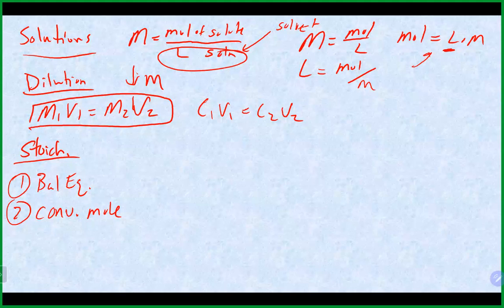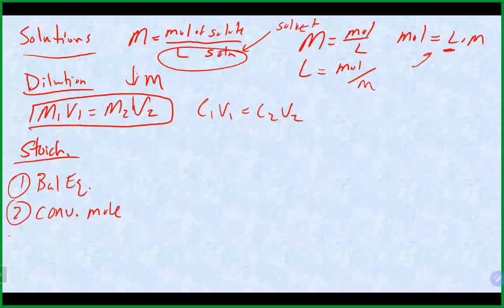So if whatever is given to you in that problem, there's some way for you to get moles of each of the reactants, then it definitely is a limiting reagent problem. And you need to do some type of calculation to determine which one is the limiting reagent. You can't just pick. If you do not have enough information given to you to get the moles of both reactants, then it really is just a basic stoichiometry problem. You don't have to worry about the limiting reagent aspect of it.